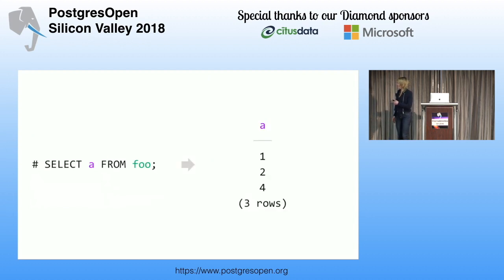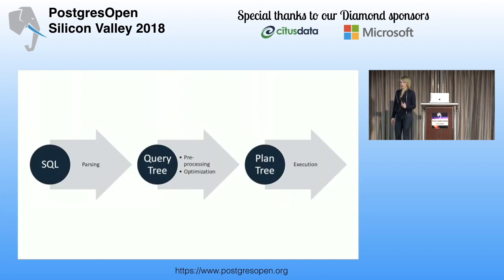So here's a query. Select A from foo, and then you get results. What I'm going to talk about is the arrow in between. I personally break down planning into parsing, taking literally your query string and making it into a parse tree.